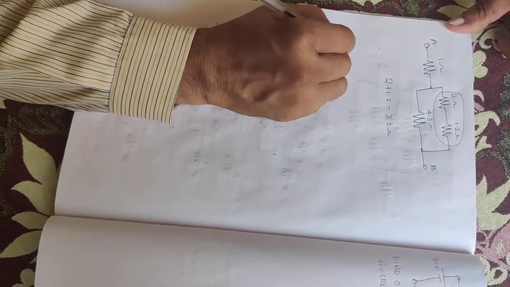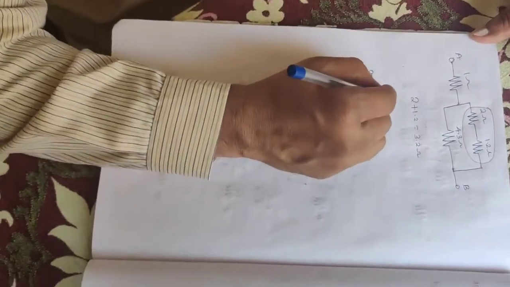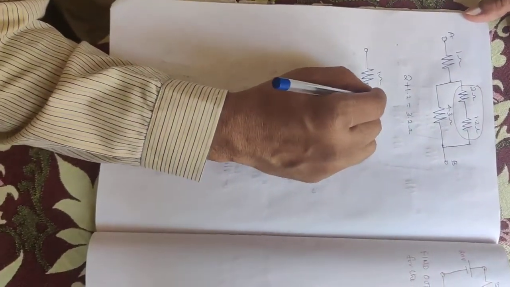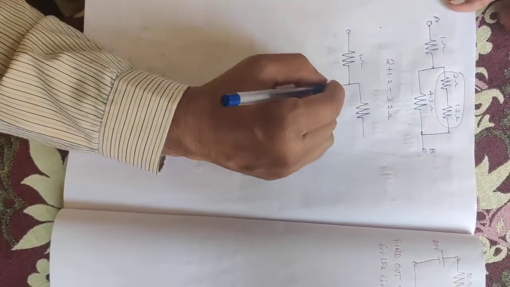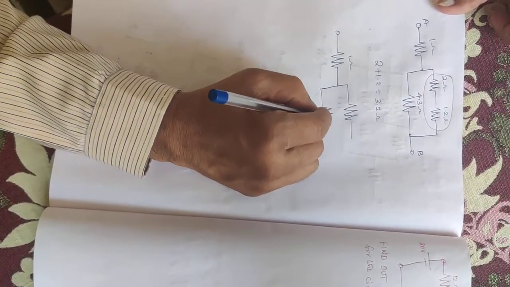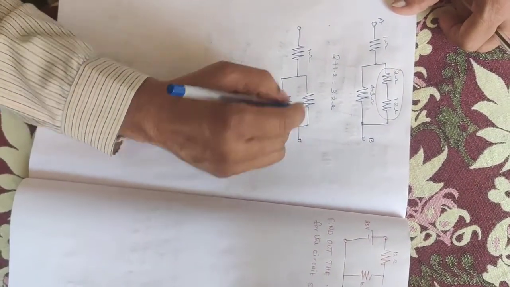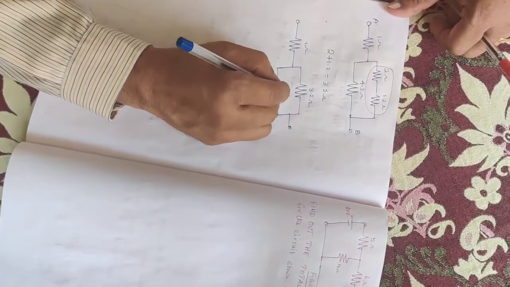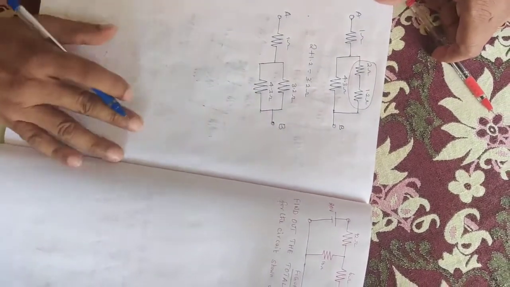So it reduces to 1 ohm and then 3.2 ohms and 4.3 ohms, between A and B.